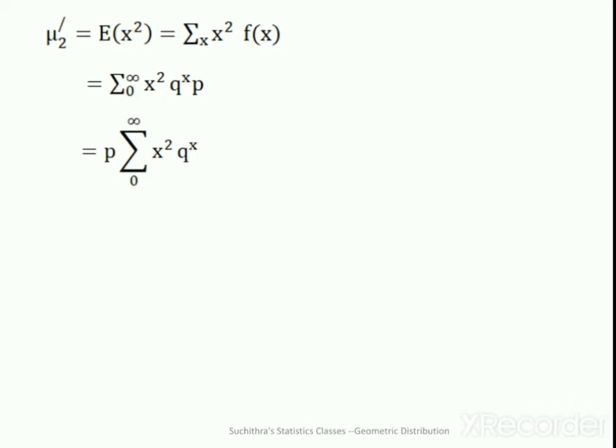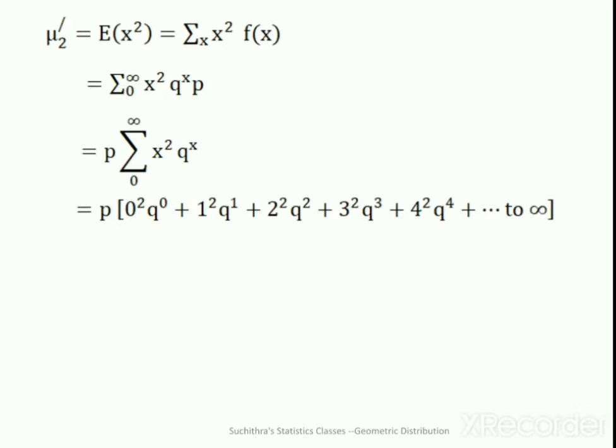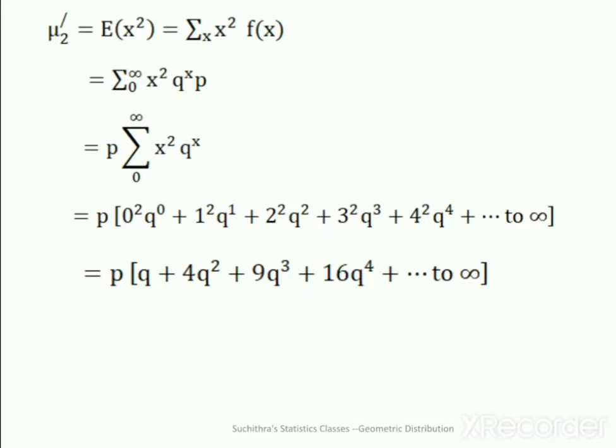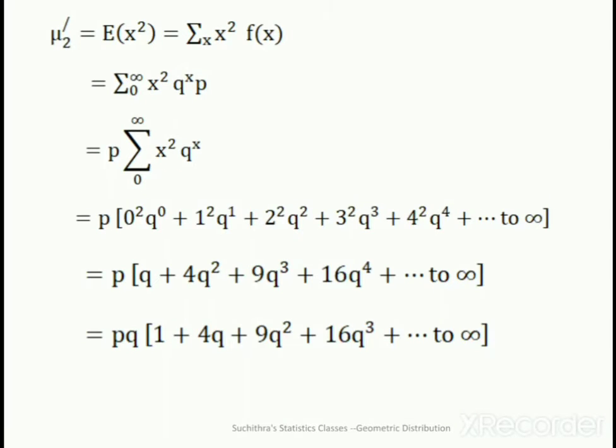Substitute the values of x in the summation, you will get p into 0 square q raised to 0 plus 1 square q raised to 1 plus 2 square q square plus etc. That is p into q plus 4q square plus 9q cube plus 16q raised to 4 plus etc. And take a q outside, so you will get pq into 1 plus 4q plus 9q square plus 16q cube plus up to infinity.